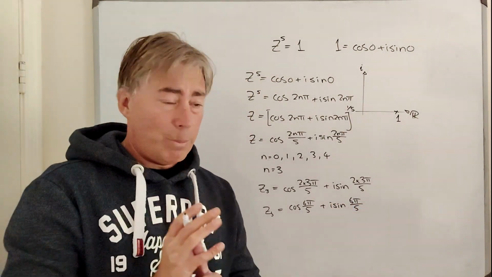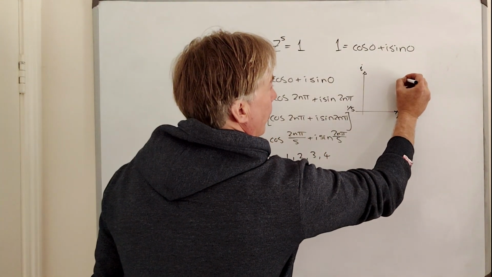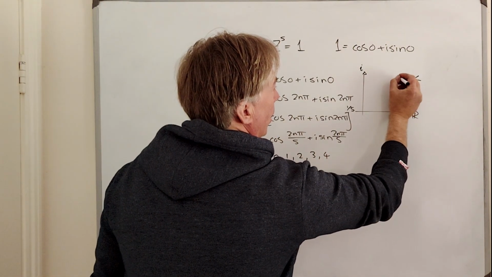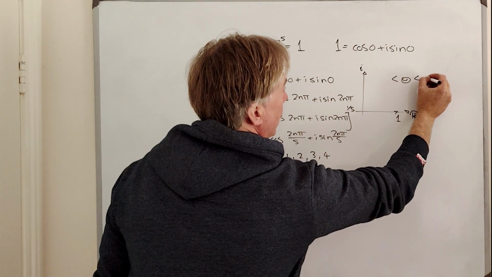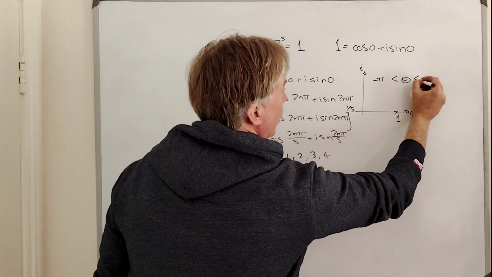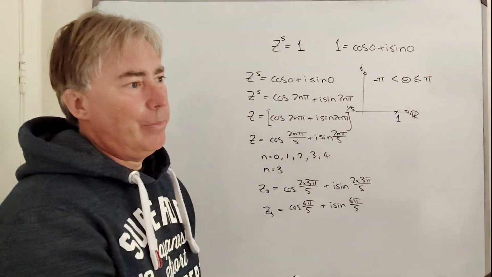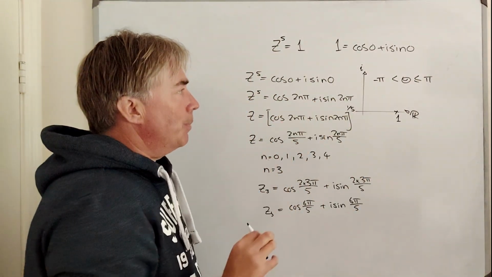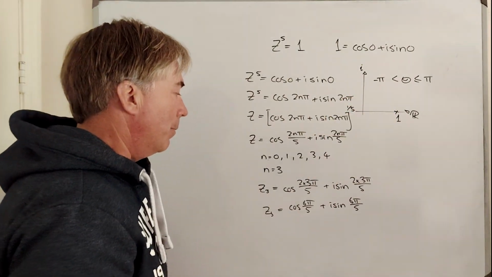Well, there's going to be a slight problem with this, because ordinarily our value of theta, our argument, is between negative π, not inclusive, and π. So if we are rotating anti-clockwise, it's between 0 and π, and if we're rotating clockwise, it's between 0 and negative π.